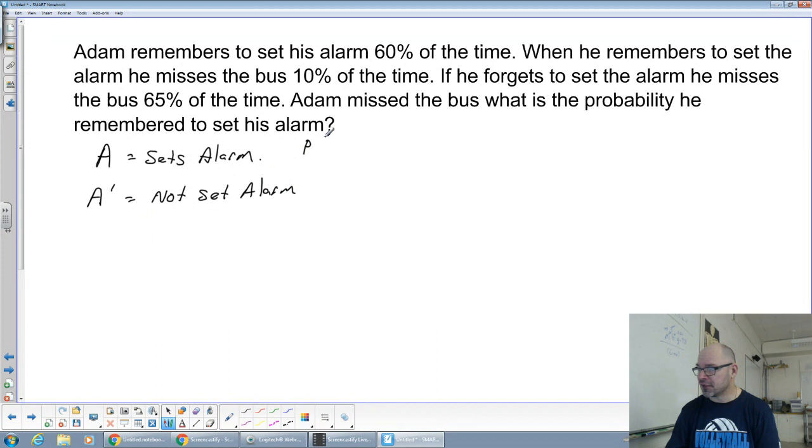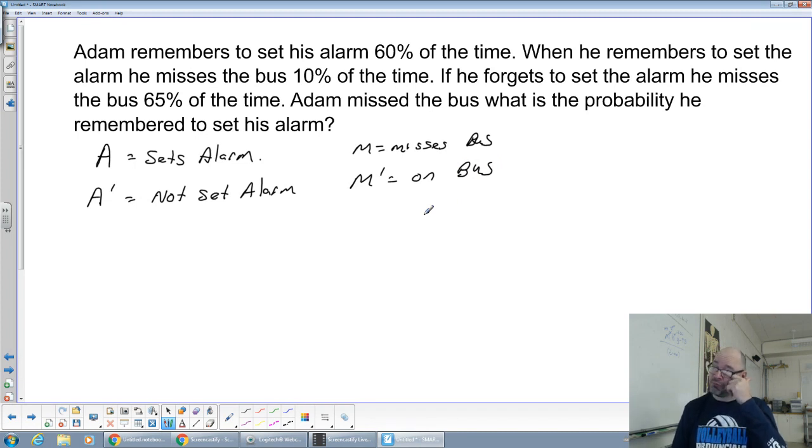Let's do the other part first, missing the bus. Let's say that he misses the bus, M, and then, of course, he does not miss the bus. Okay, so we're going to use A for alarm and M for missing the bus.